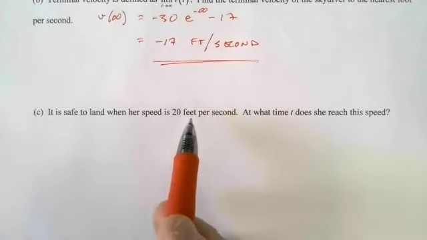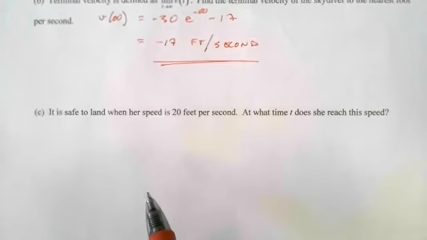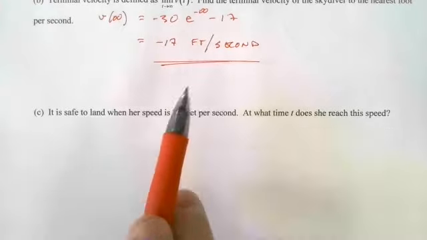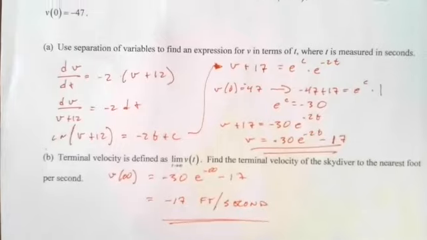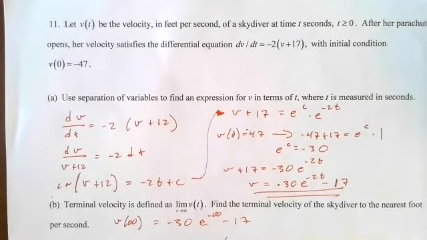It's safe to land when her speed is 20 feet per second. At what time does she reach this speed? The second part bothers me. Oh yeah, she slows down when she jumps out of the airplane. Wasn't that fascinating?